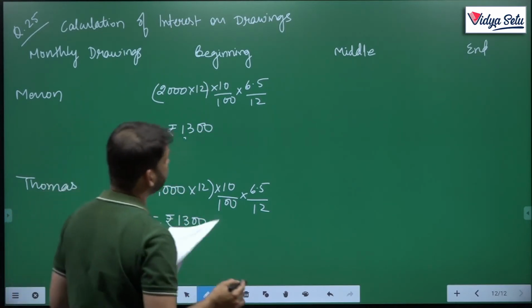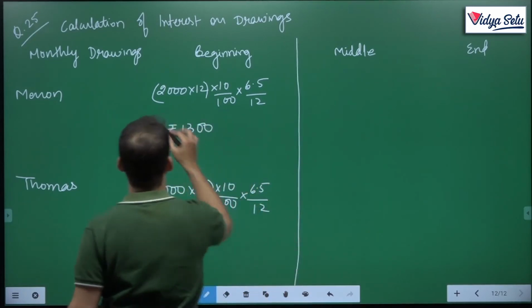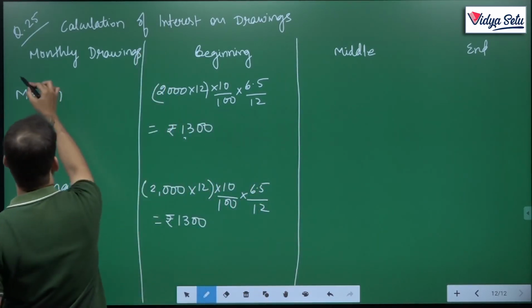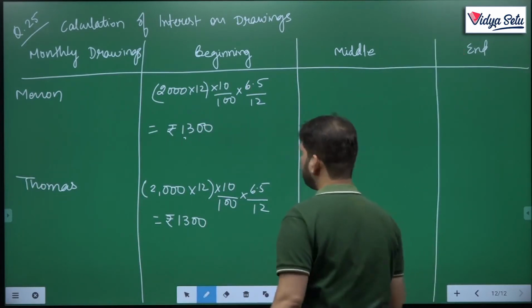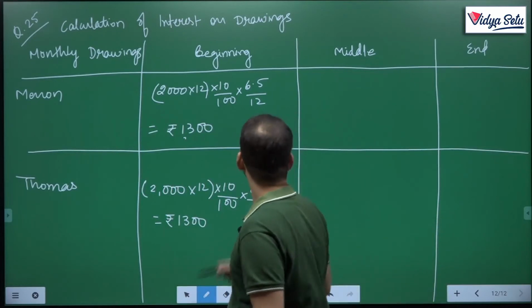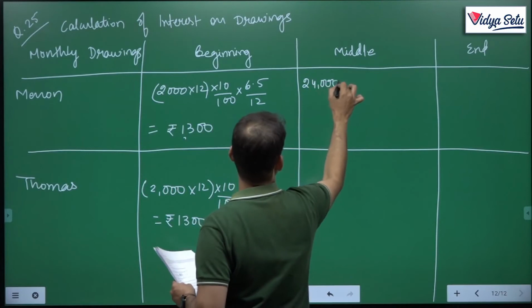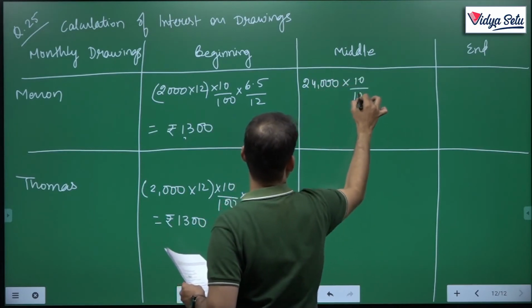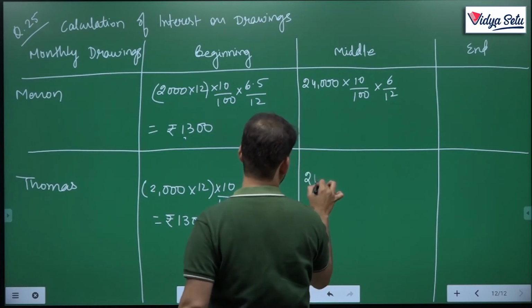If they are withdrawing in the middle of the month, he is withdrawing 24,000 for the entire year at 10% for 6 upon 12. Same for him also.